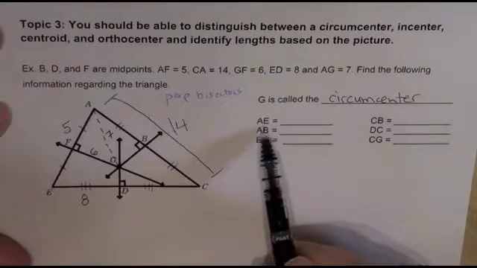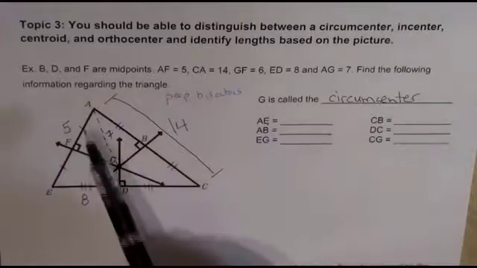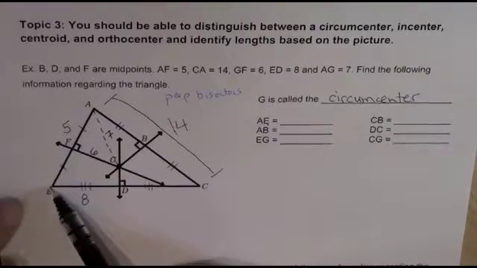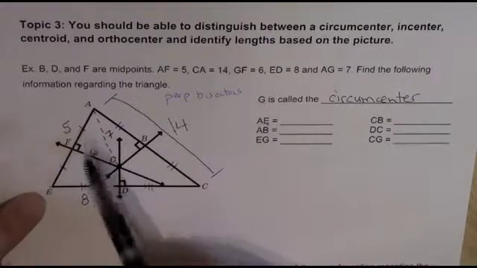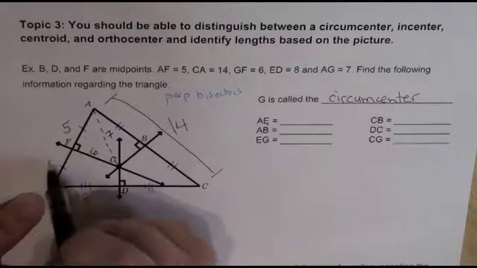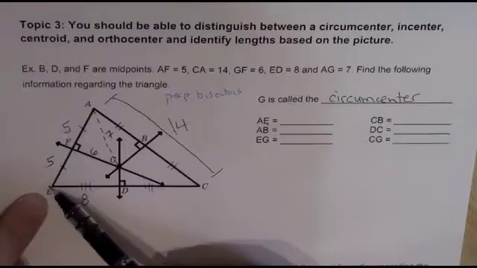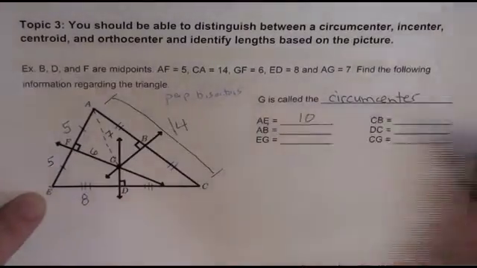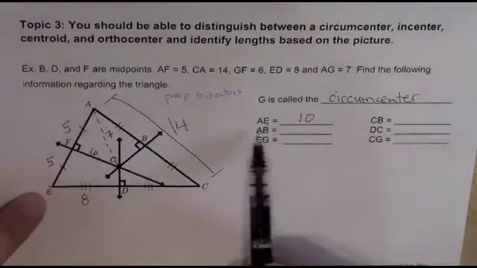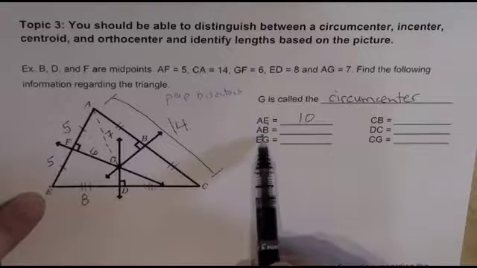Okay, so let's see here. The length from A to E is the whole distance here. Well, AF is 5, which means EF is also 5, so the whole distance is 5 plus 5, 10. We're also asked for AB.